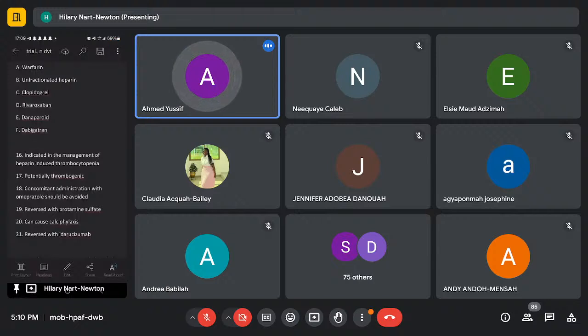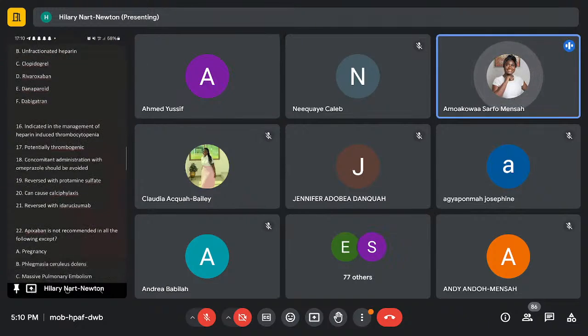The omeprazole and esomeprazole are strong cytochrome 2C19 inhibitors. So because of that interaction, if you want to do a PPI, you can either do lansoprazole, pantoprazole, or rabeprazole, because these are weak cytochrome 2C19 inhibitors. Yes, please. Thank you.